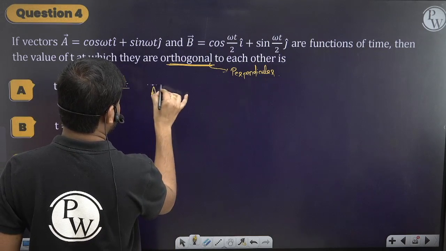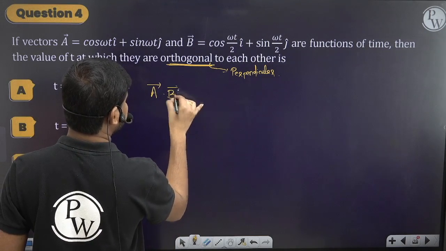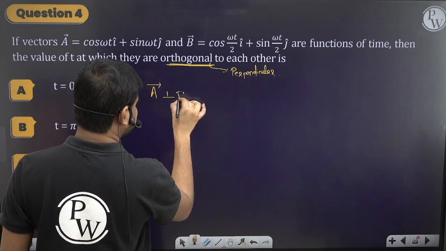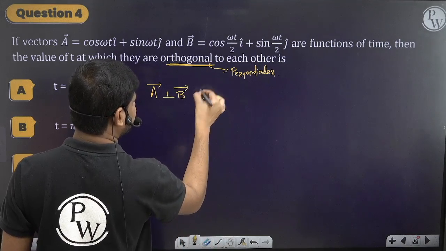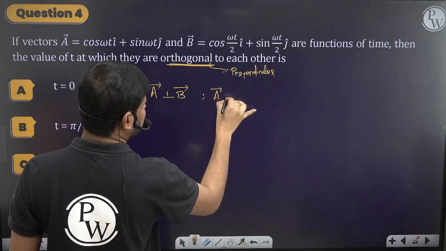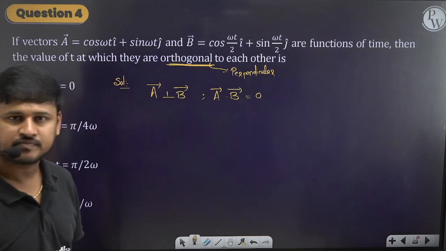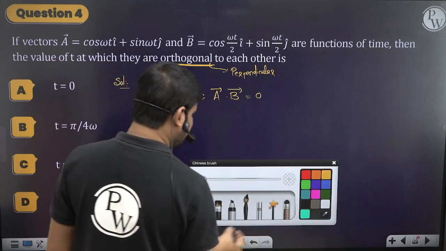So what we can write? A dot B is equal to 0. Or else you write like this: the vector A is perpendicular to vector B as per the given question, so vector A dot vector B must be equal to 0. Yes or no? So how do you multiply now?